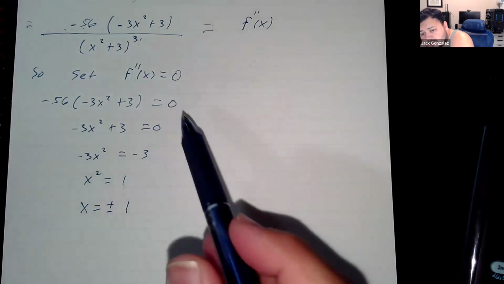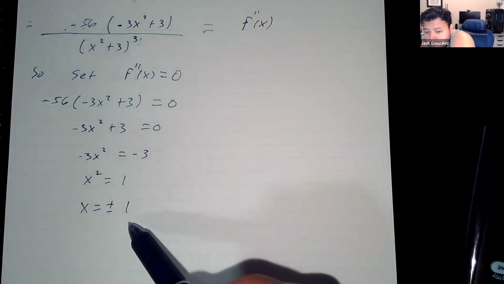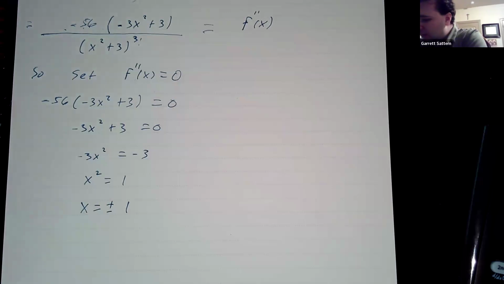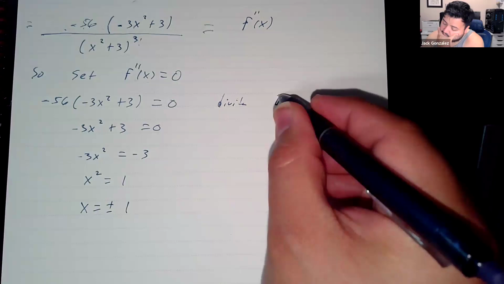You okay with the algebra I skipped? Do you have any issues with how we got here? No, not really any issues. I just need to write this down real quick. I'll add the steps.